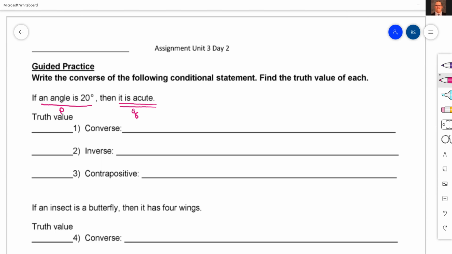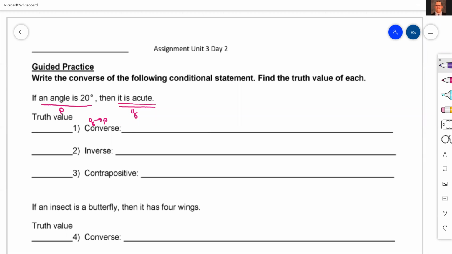Remember, converse is where you flip and you do Q, then P. So Q comes first.